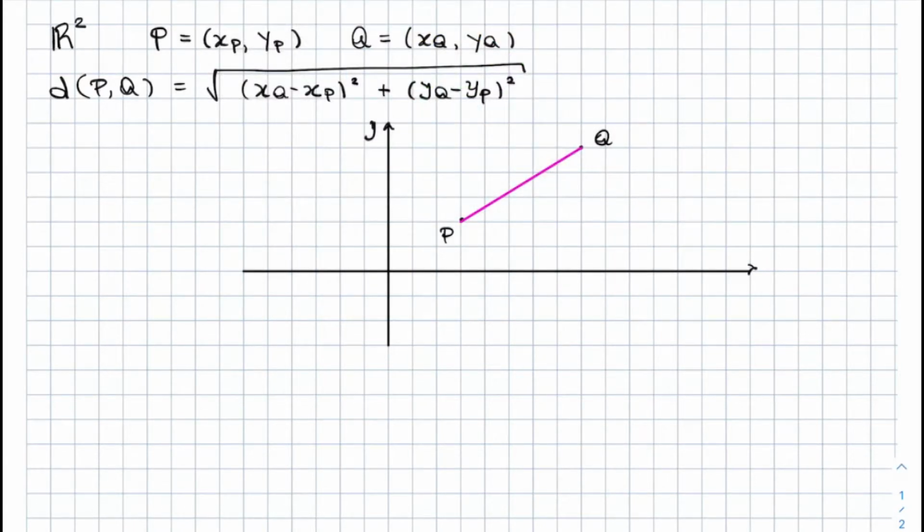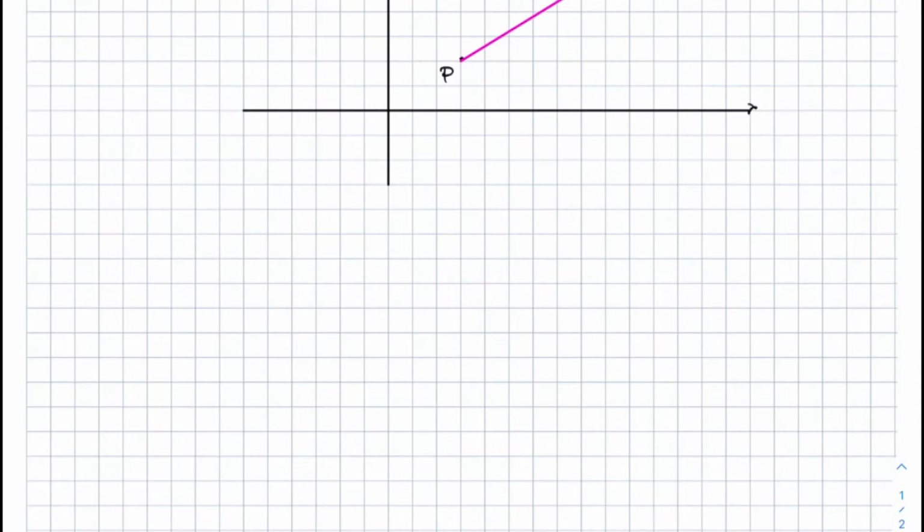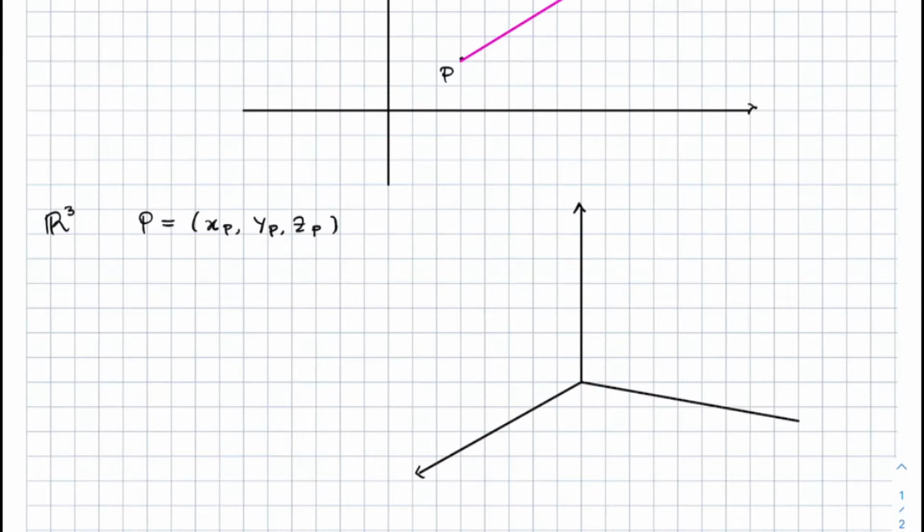What we want to do now is to upgrade this example to 3 dimensions. Namely, instead of considering the plane, we will consider R3, which is the 3-dimensional space in which we live, and it has, for every point, coordinates xp, yp, zp, which are exactly the x-coordinate, the y-coordinate, and the z-coordinate. If we were to draw R3, we would have to draw 3 axes, which are the x, the y, and the z axis.